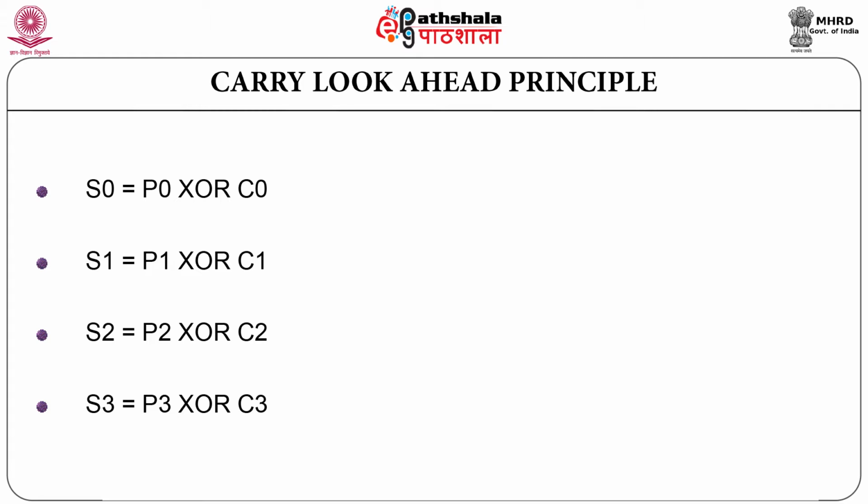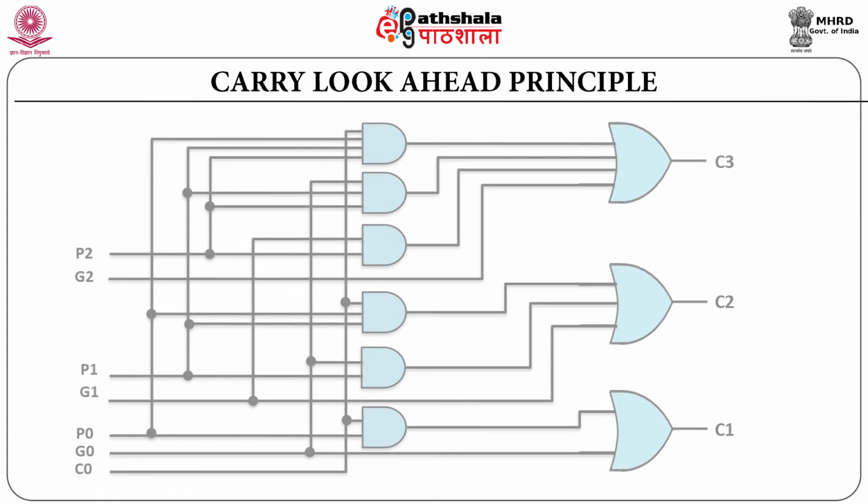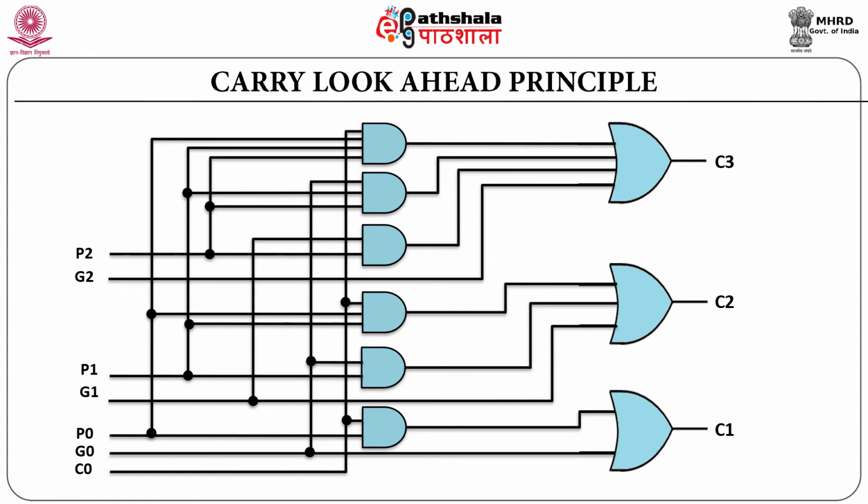The carry look ahead generator then generates the 4 sum bits S0, S1, S2 and S3. If we look for the circuit diagram or block diagram of carries generated in advance, it is as shown below.